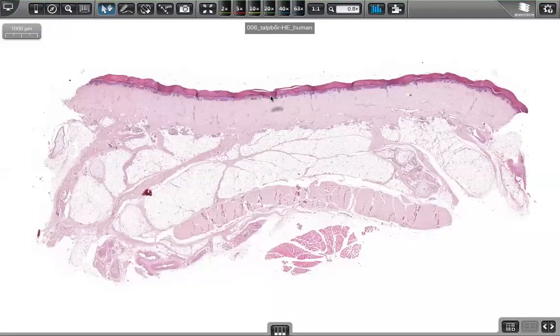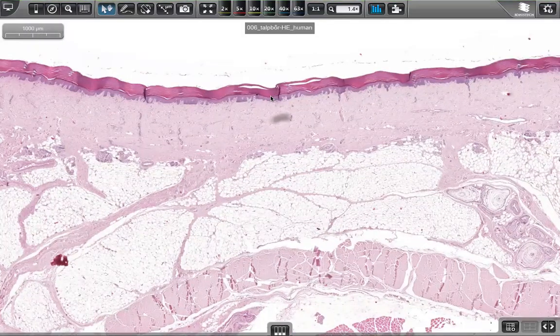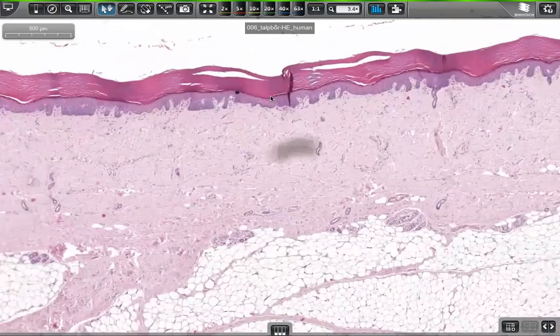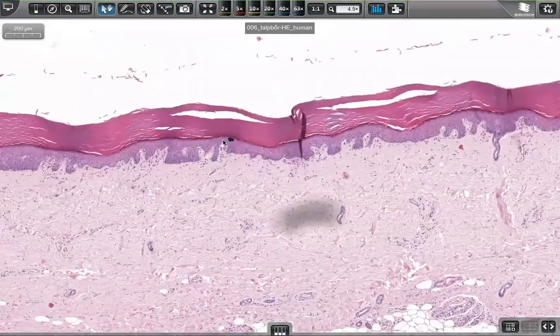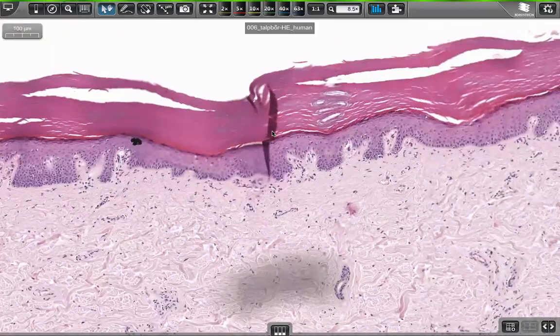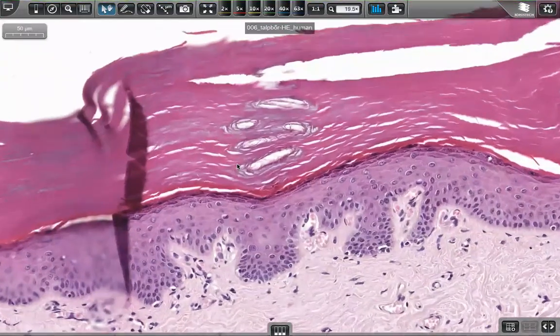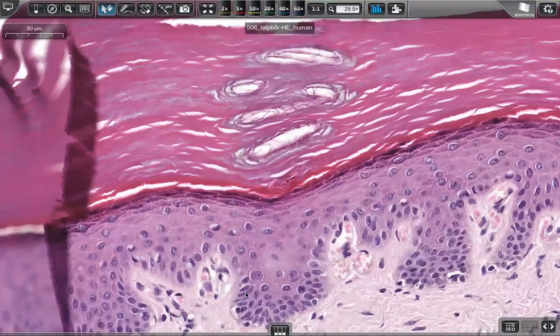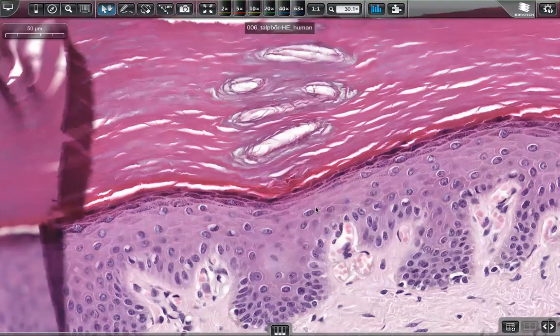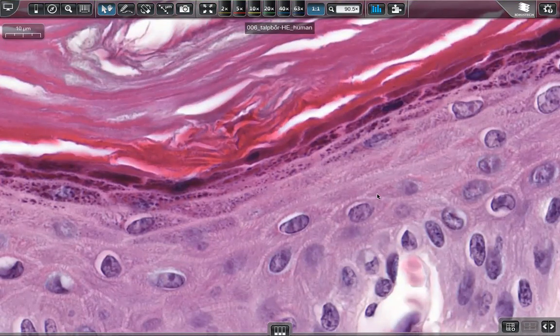Then also extremely important is the skin, covered by stratified keratinized and non-keratinized epithelium. Here we can see a nice one. So the stratum basale, stratum spinosum, and the exact shape of these cells is caused by the desmosomes connecting the cells.